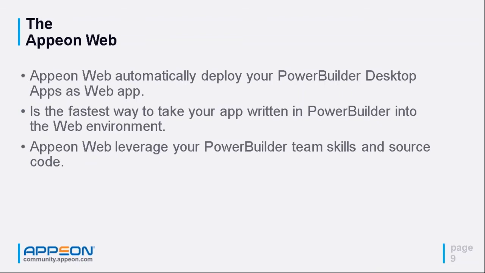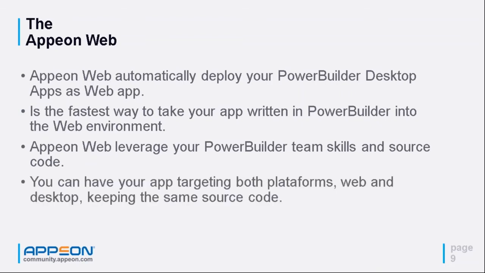The first thing we thought about going to web was to rewrite our code on another platform, Java or .NET. Now we can keep our source code in PowerBuilder, keep our developer skills, everything you know about PowerBuilder, and still go to the web. It was an amazing tool for us.